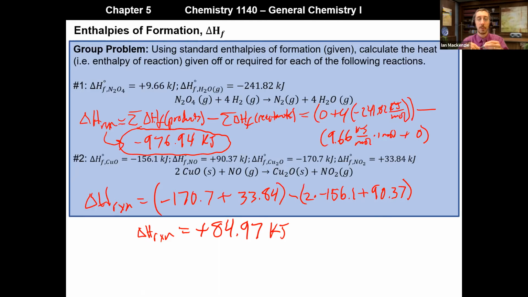Now, we may have to pay a little bit of attention to our decimal places here. It looks like a couple of these we only have 1 decimal place, so we're going to have to round to just 1 decimal place. So this would end up rounding to positive 85.0 kilojoules. And that's how we would use heats of formation to find or calculate the overall heat or enthalpy for a reaction.